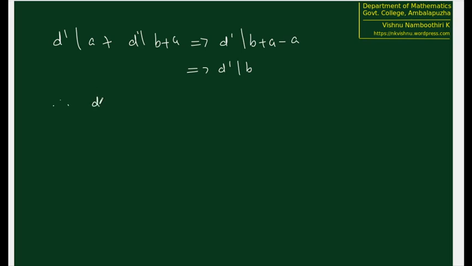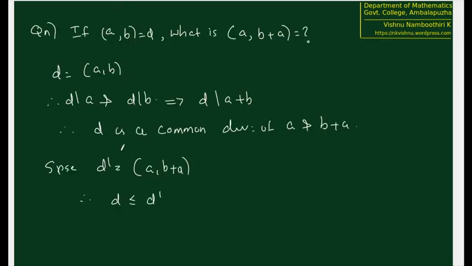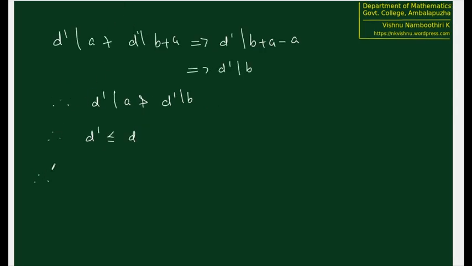Therefore, D dash is a common divisor of A and B. But what is the GCD of A and B? That is D. Therefore, D dash must be less than or equal to D. Here we have D less than or equal to D dash, and these two together imply that D equals D dash.